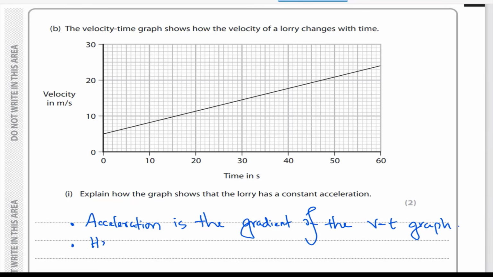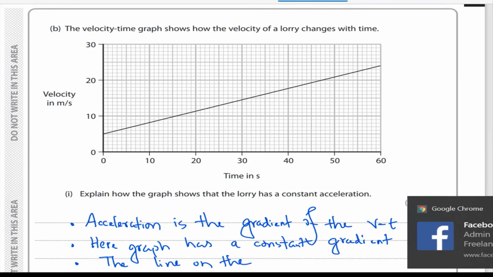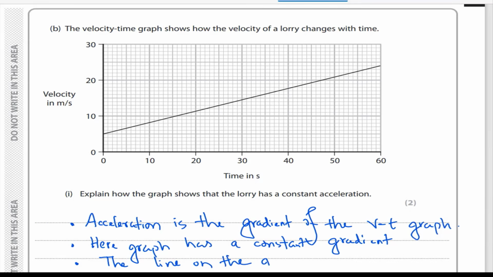Here graph has a constant gradient, or the line on the graph is straight.